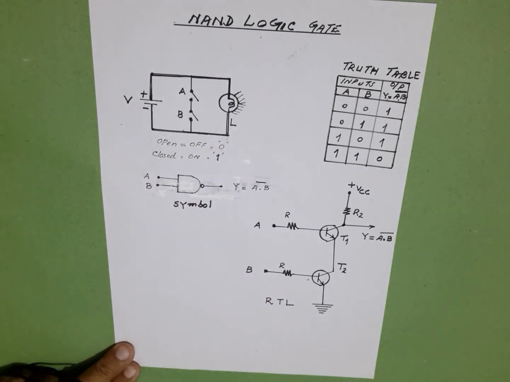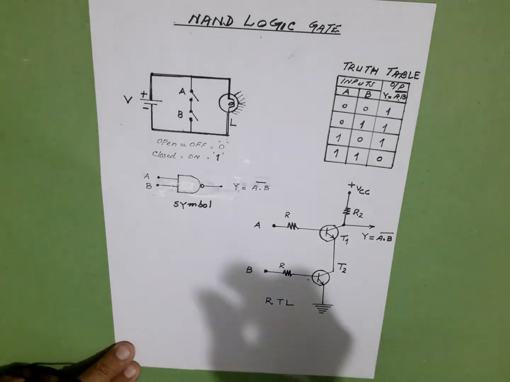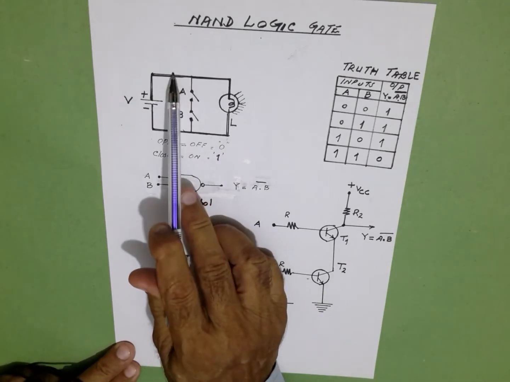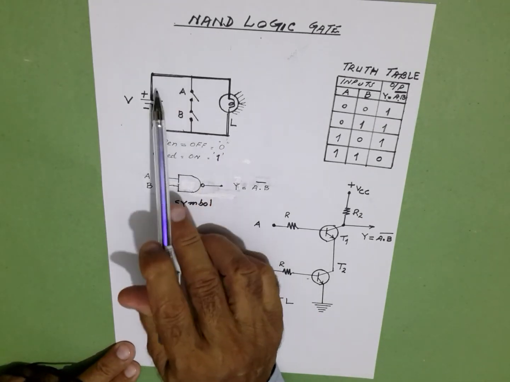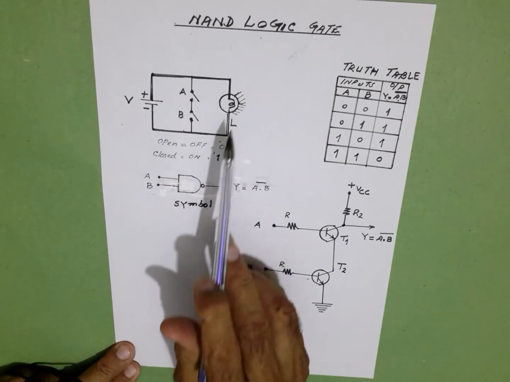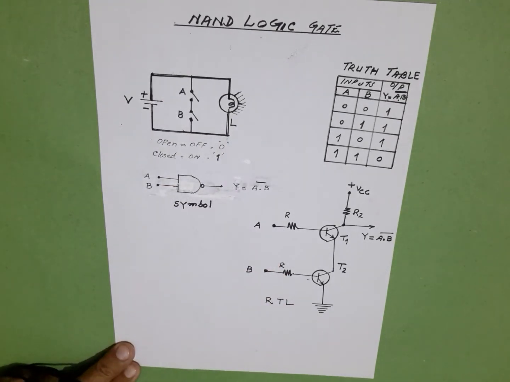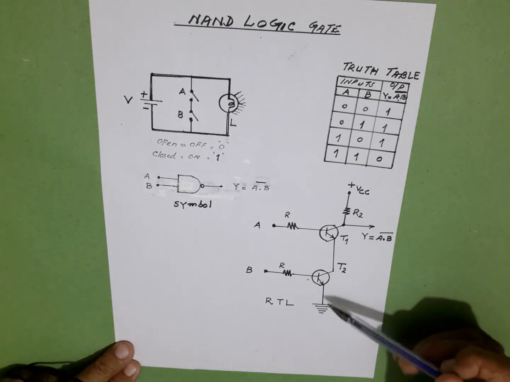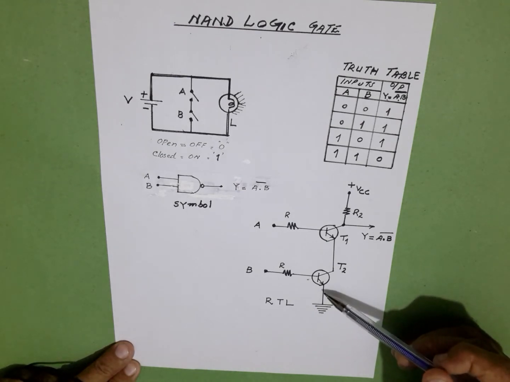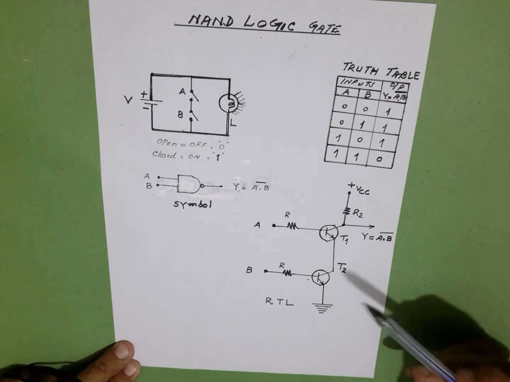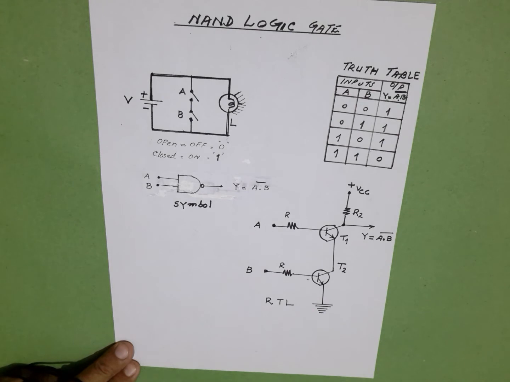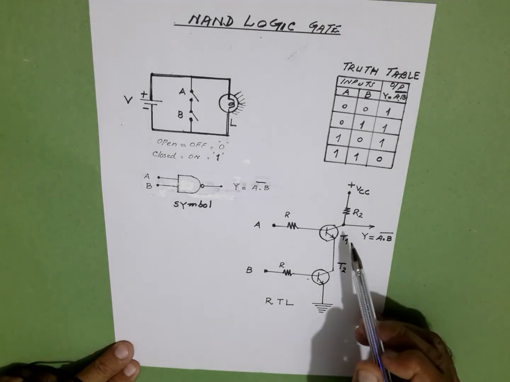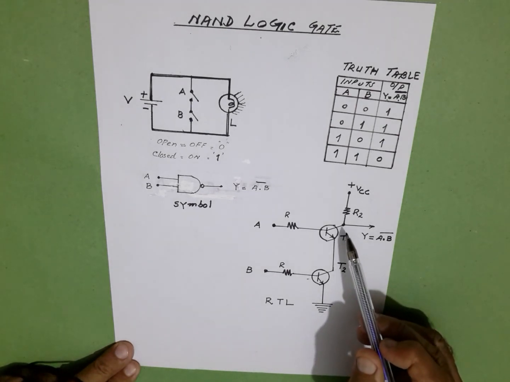Unlike the AND gate, where these switches were connected in series with the battery and the lamp, this is one difference. The second difference is that in an AND gate the resistor was connected in the emitter circuit and we were taking the output across the emitter resistance, but here the output is taken across R2 in the collector circuit.